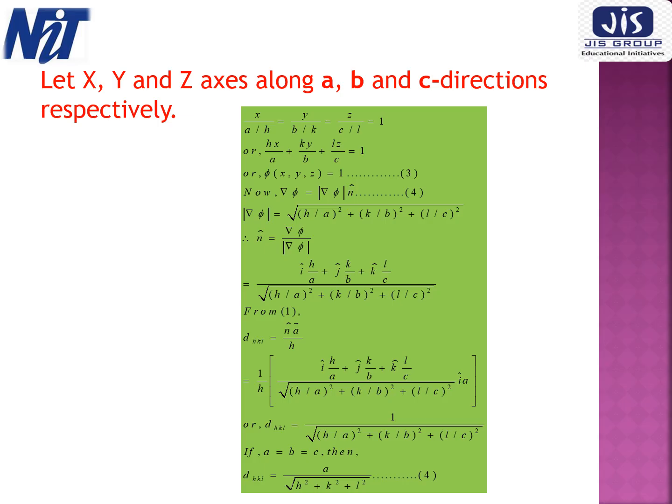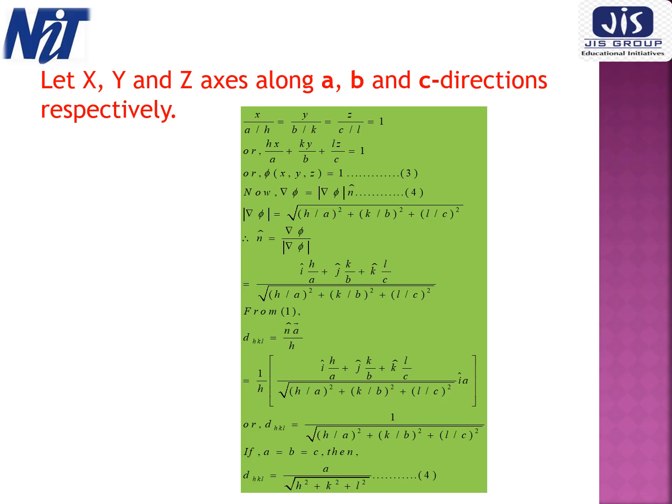Now what we know is that del phi can be written as the magnitude of del phi into the unit normal vector n. So from that the magnitude of del phi can be found as the magnitude of del phi equal to under root of h by a square plus k by b square plus l by c square.